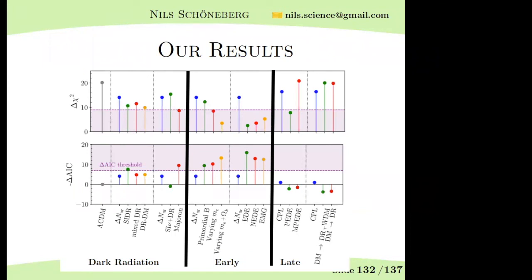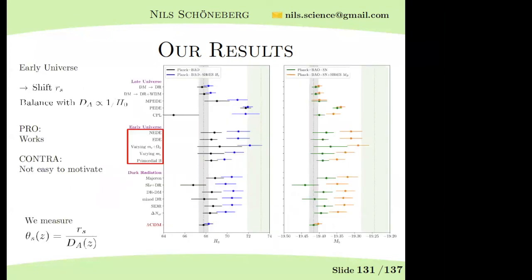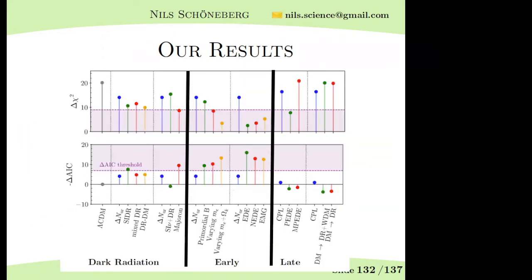The biggest impact is actually for the EDE and NEDE models, which before looked okay, and now look stellar. This is because the Gaussian error bar here doesn't quite reflect the non-Gaussianity of this posterior, and this is why suddenly it looks much better than on the other plot.